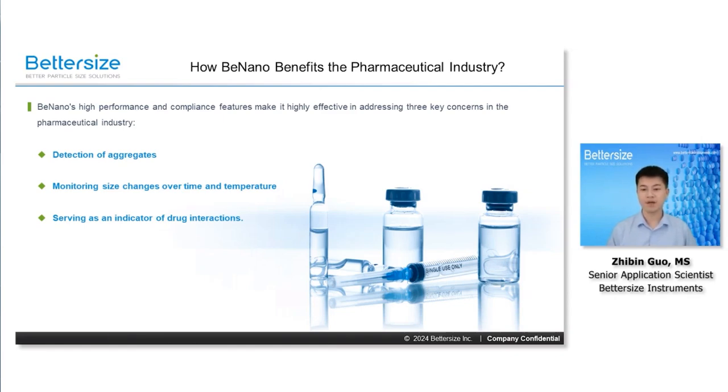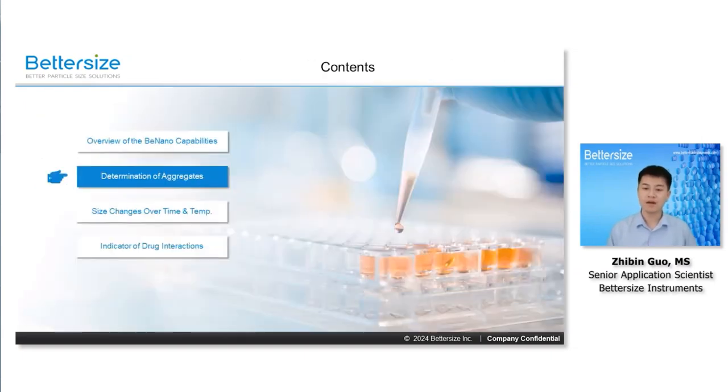Second, its capability to monitor size changes over time and under varying temperatures, aiding in the evaluation of formulation stability. And third, its zeta potential measurements, which provide insights into drug interactions with carriers, a critical factor in optimizing drug delivery systems. Let's dive into the determination of aggregates.